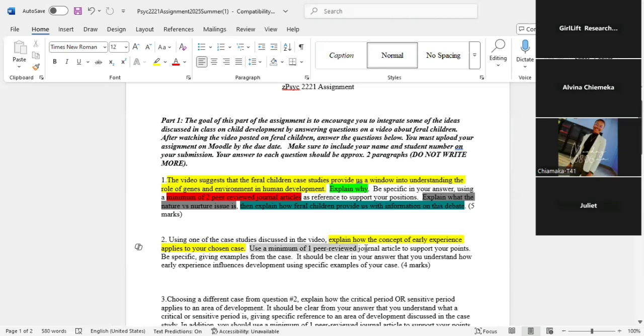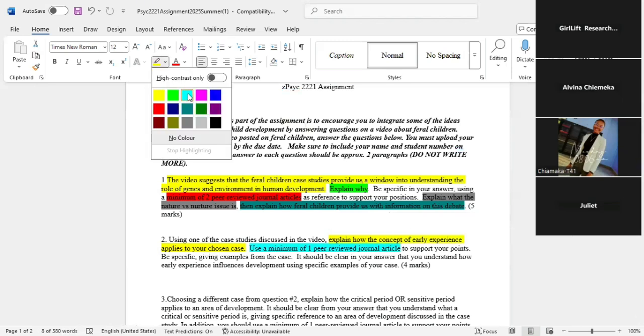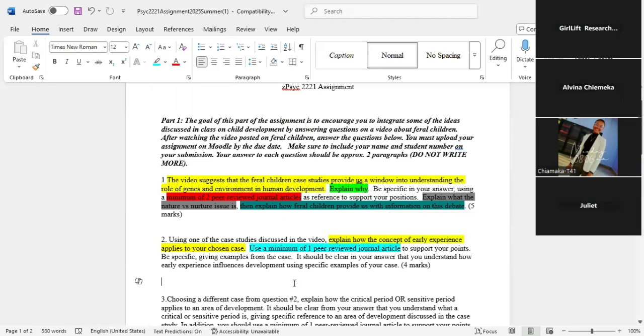Then, giving an example from the case, being specific. There should be an example from the case of the feral children from the video. I think I should highlight that too.